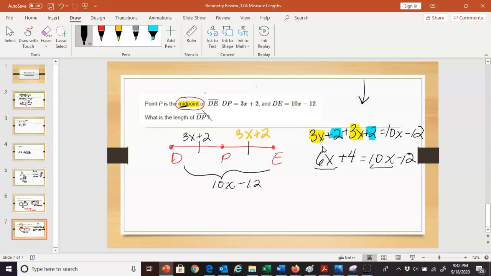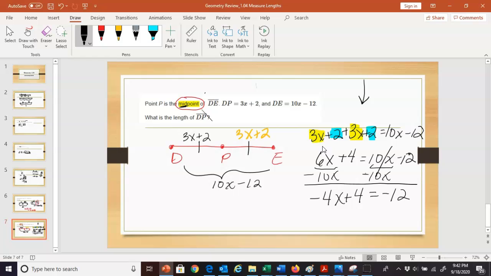I personally just keep the x's on the left-hand side, but again, it's totally up to you. So I'm going to move the 10x. People might be yelling at me now because that's going to make it negative, but that's okay. 6 minus 10 is negative 4x. I'll bring down this 4, bring down the equals, and bring down the negative 12.